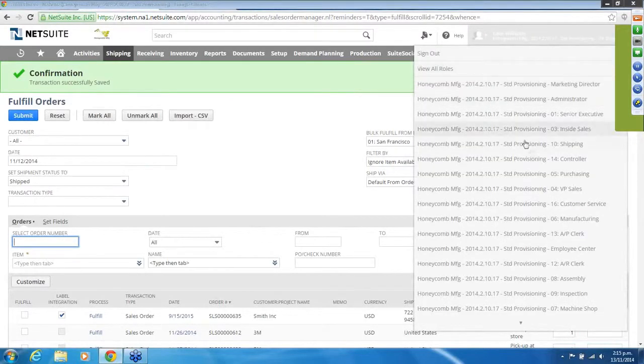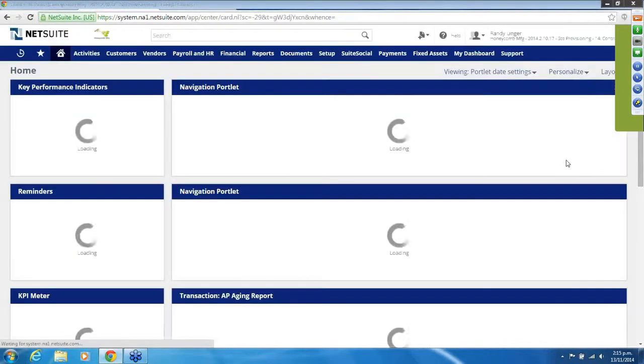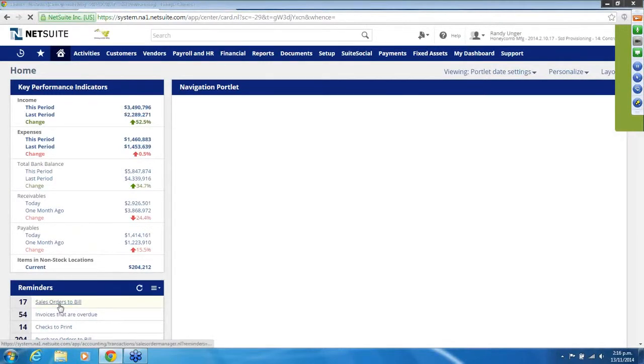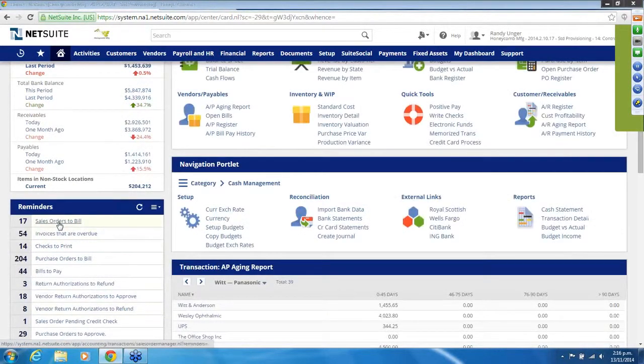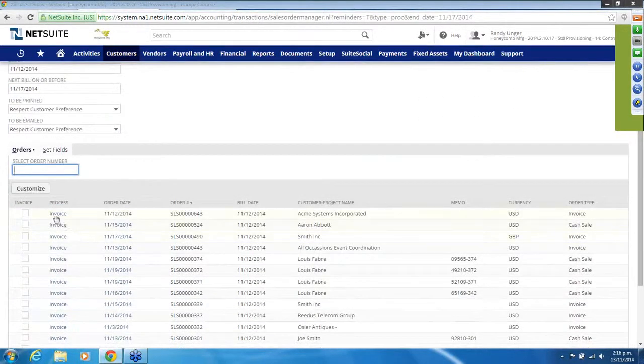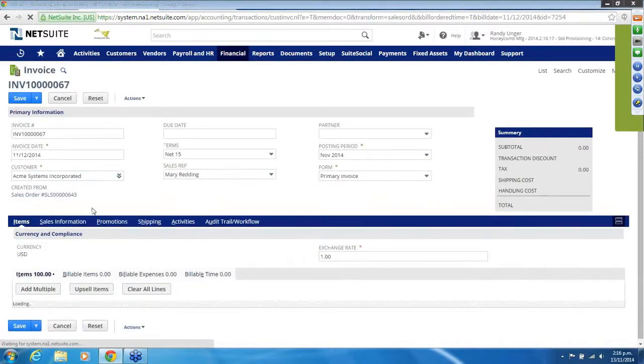So finally, if I was to complete this by going in as a financial controller, then as the sales order has been fulfilled, I'm now identified on my dashboard that I have some sales orders that I need to bill. And again, if we look at the items that need to be billed, I can go ahead and look at the specific sales order that's been created, and I could generate all of the sales invoices.